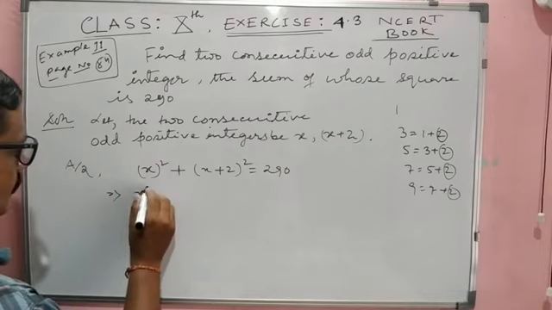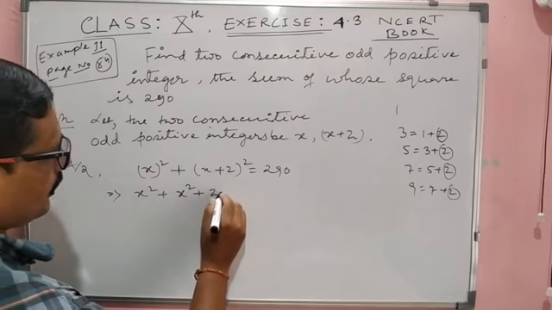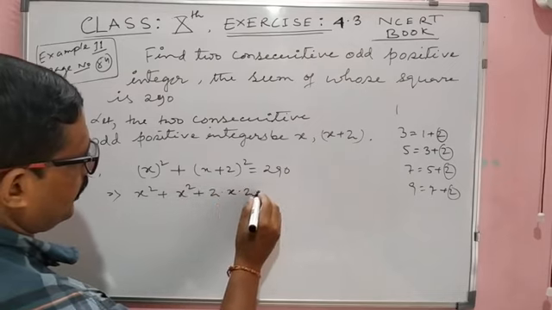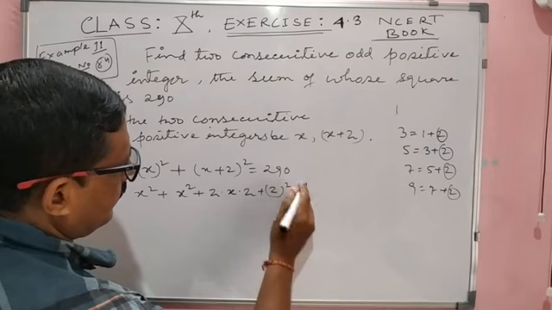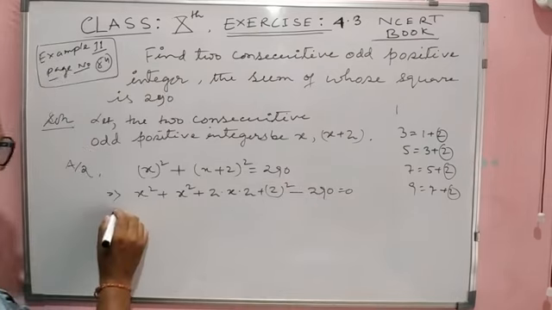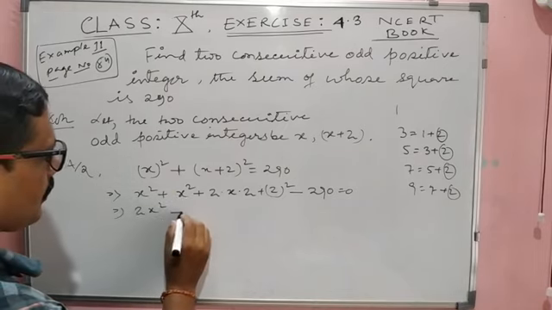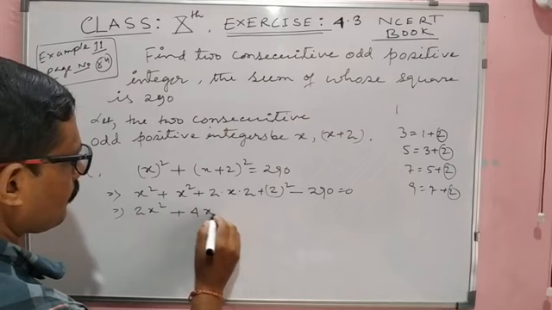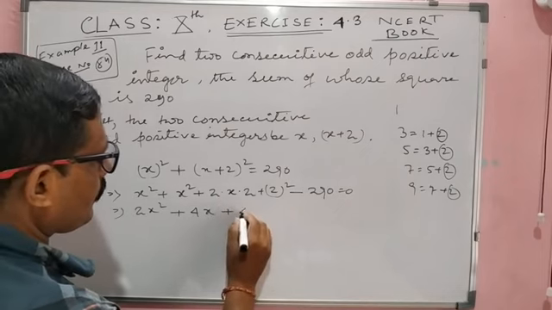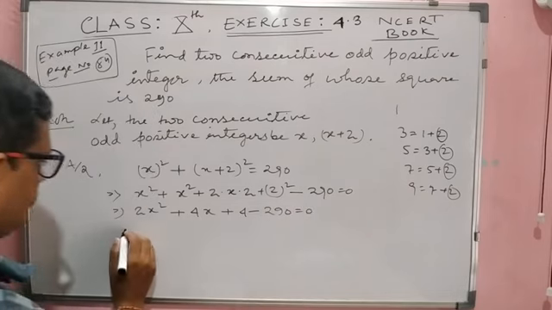It will be x square plus, breaking the formula, a square plus 2ab plus b square, and transferring this to this side, minus 290 equal to 0. This implies 2x square plus 4x plus 4 minus 290 equal to 0.